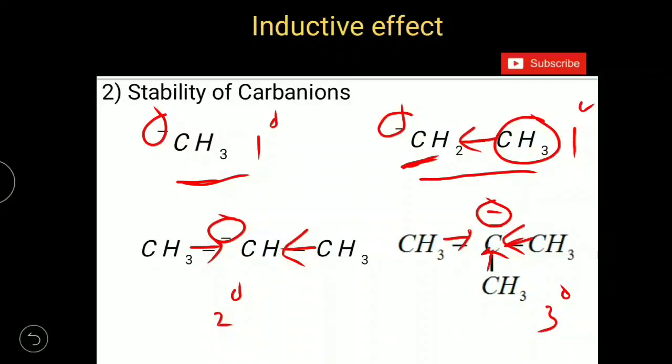So it becomes less stable. So as per this, we can say that the order of stability of carbanions is primary is more stable than secondary, and it is more stable than tertiary carbanions.